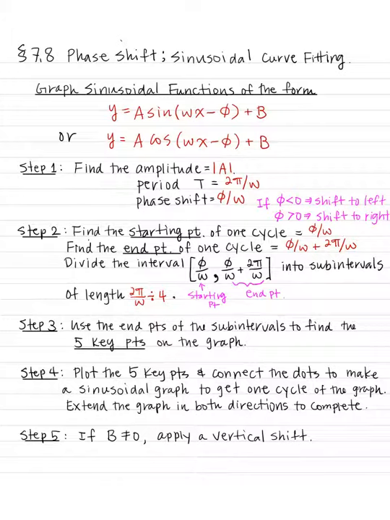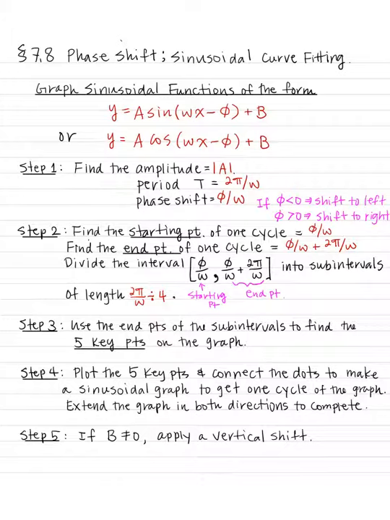Now, step 2, find the starting point of one cycle, which is given by phi over omega, and find the end point of one cycle, which is phi over omega plus 2 pi over omega. They want you to divide that interval, and as before, you might want to divide it into equal lengths.